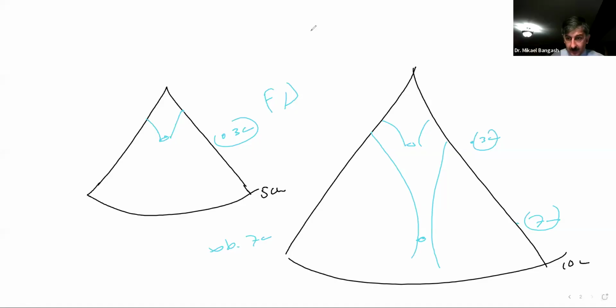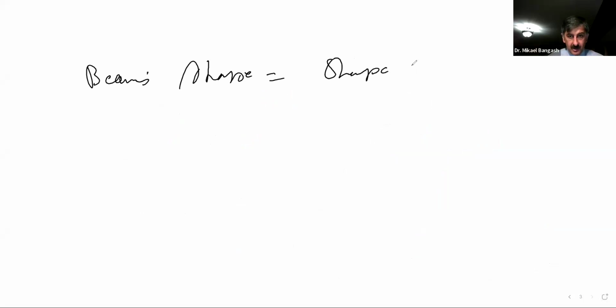Yeah, okay. So what they mainly say is that the beam shape is the same as the shape of an hourglass.